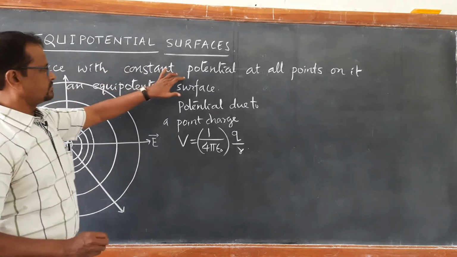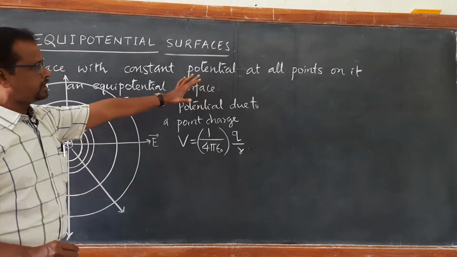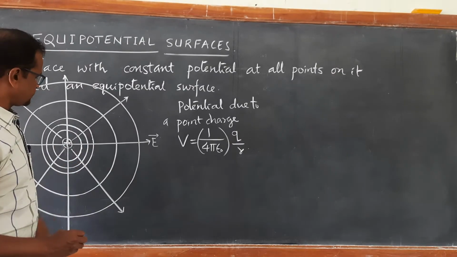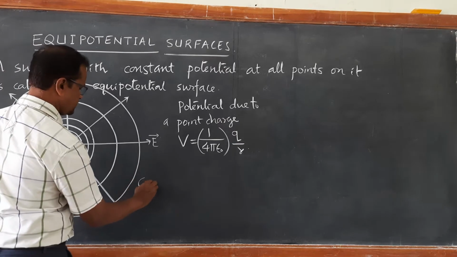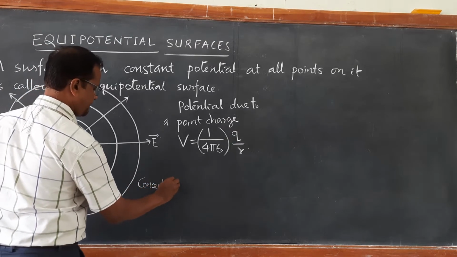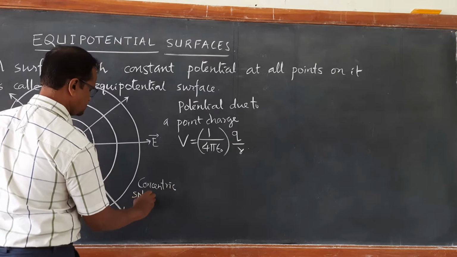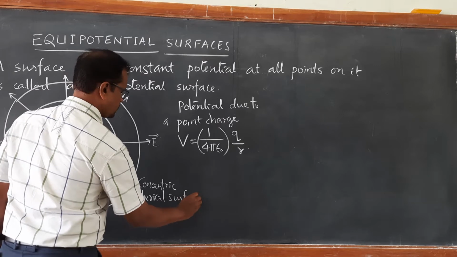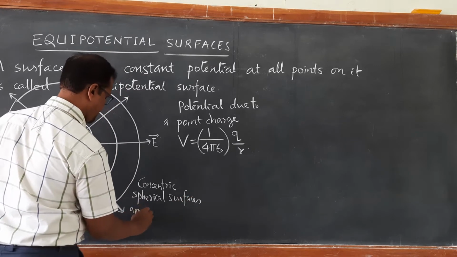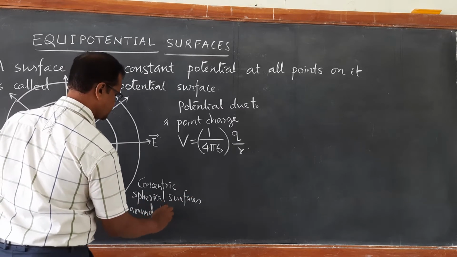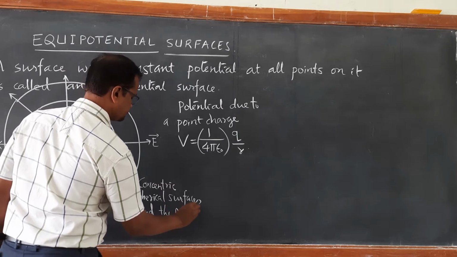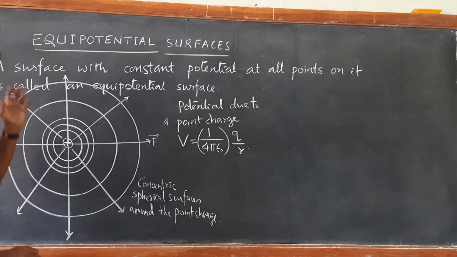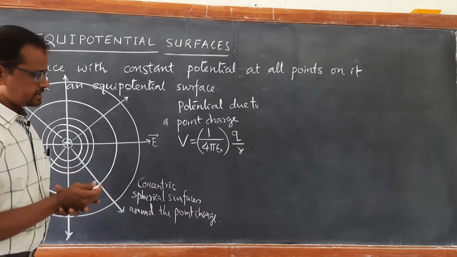So, a surface with a constant value of potential at all points lying on it is called an equipotential surface. So, concentric spherical surfaces around the point charge represent the equipotential surfaces around the point charge.